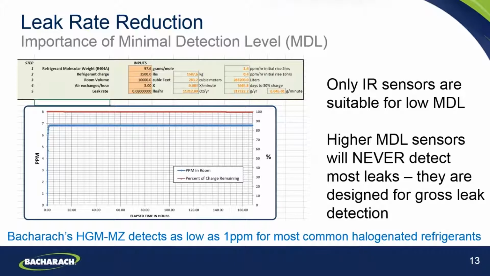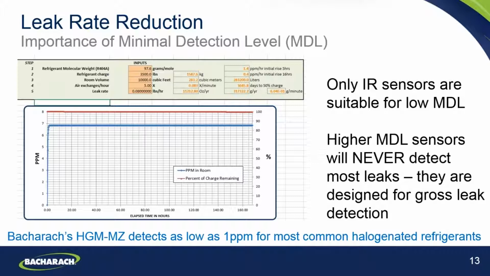We can see here a system with a refrigerant charge of 3,500 pounds, and the leak rate on there is about a 20% annual leak rate, which is not uncommon within many applications. Many supermarkets, chillers and so on will have leak rates of that sort of nature.